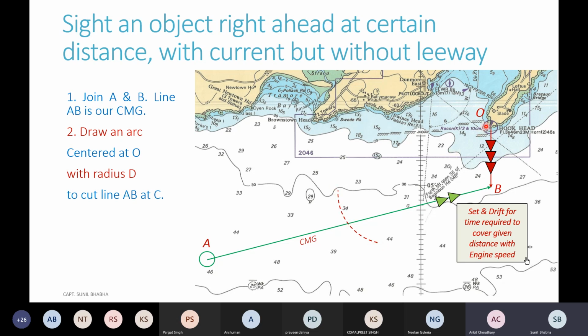This arc is centered at O, which is our object, and the radius of this arc is equal to the distance at which it should be sighted right ahead. So the point where the arc cuts our course made good line, let's name that point as Charlie. So you can see this Charlie point here.